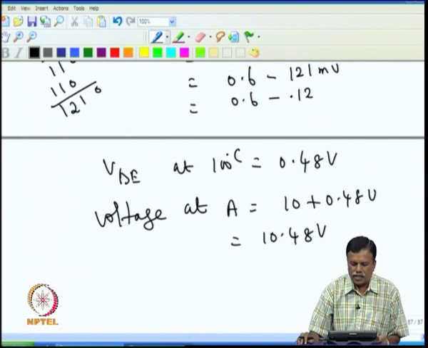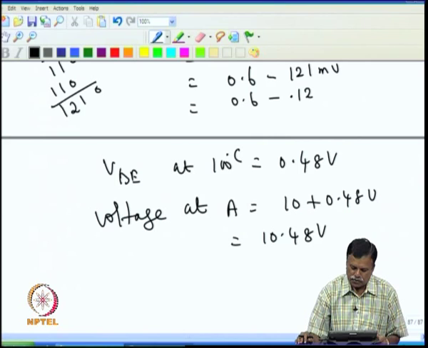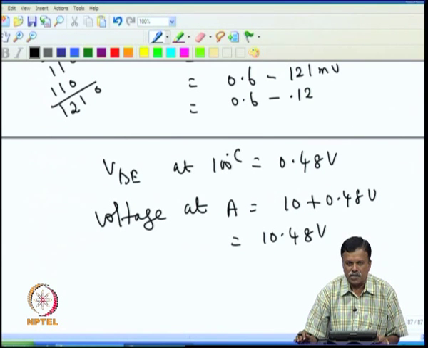So at the higher temperature the voltage at A is 10.48 volt, while at 25 degree C the voltage was 10.6 volt. So effectively at high temperature the voltage at A had decreased.